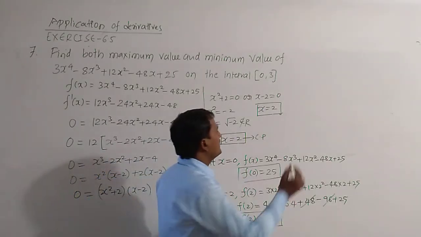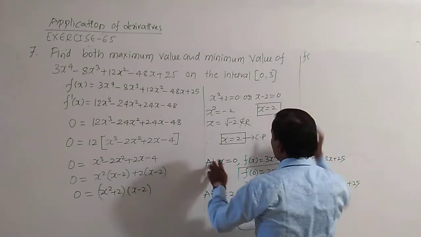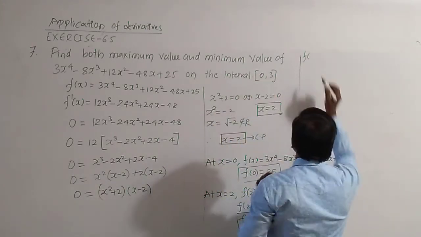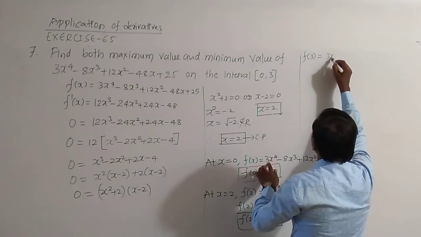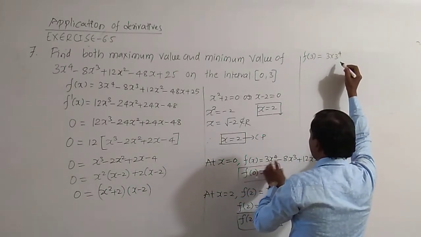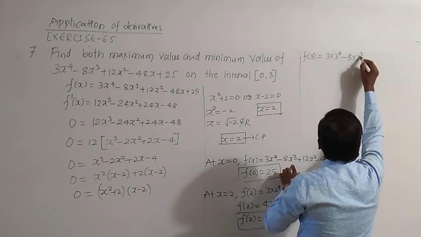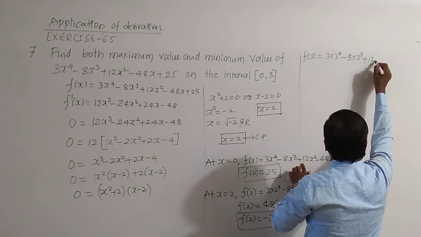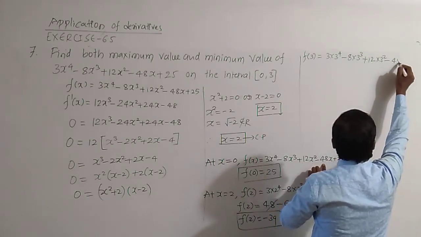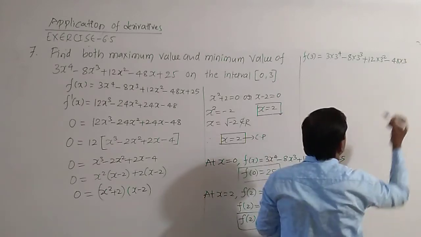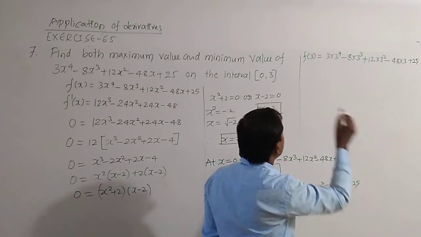Now we should find the functional value at one more point, x equal to 3. So f of 3 is equal to 3 into 3 raised to 4 minus 8 into 3 cube plus 12 into 3 square minus 48 into 3 plus 25. We will simplify this.